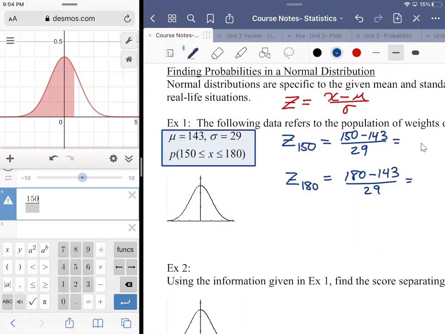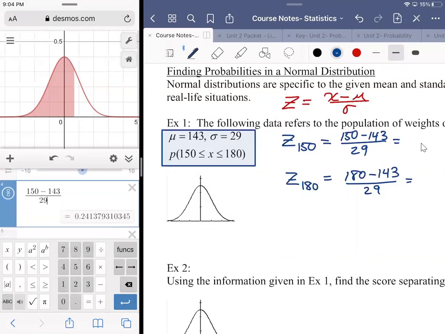So 150 minus 143 over 29. So 0.241. 3 significant digits so we don't lose any accuracy. And then just change that 150 to a 180 and we get 1.276.